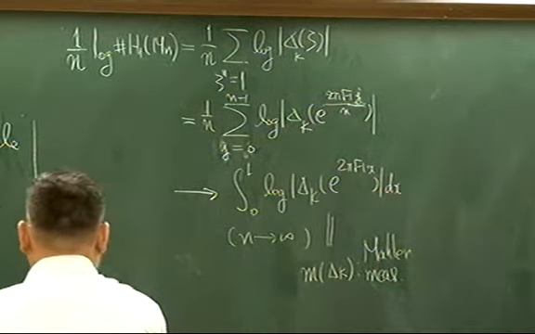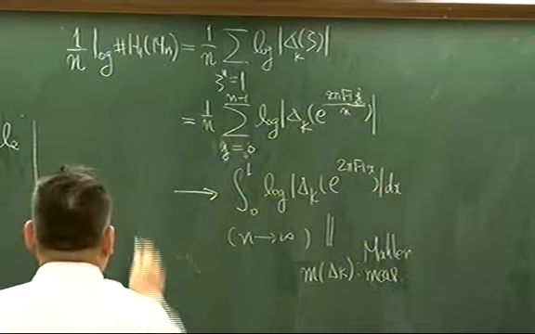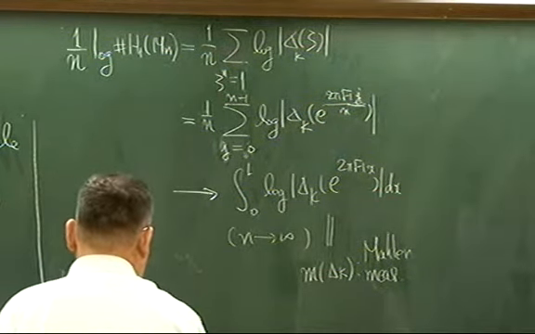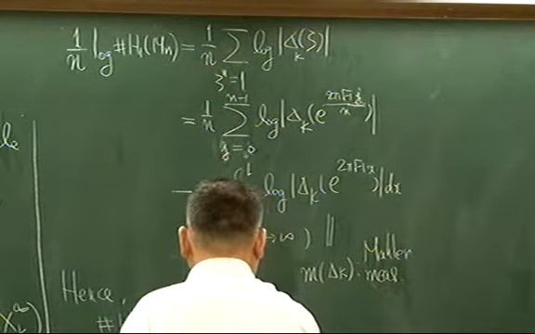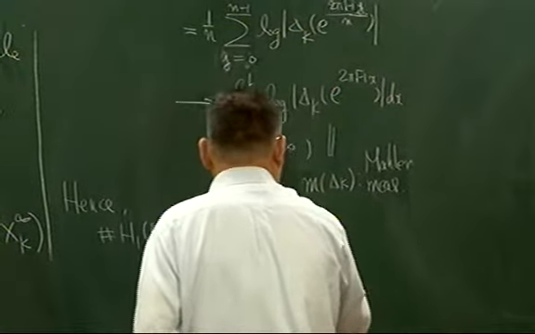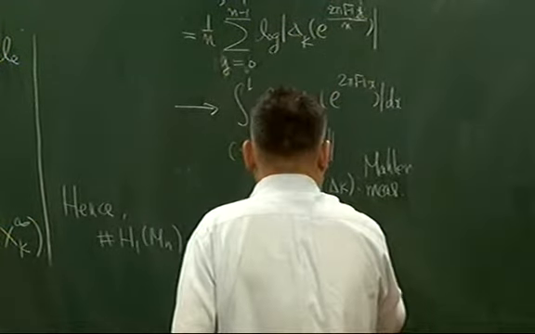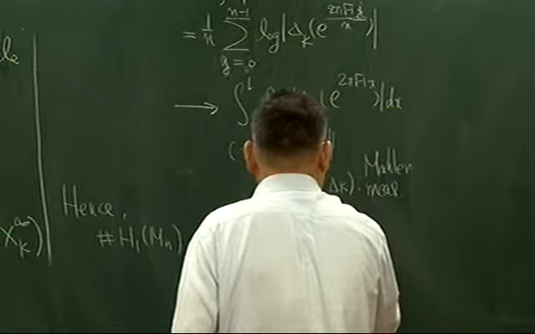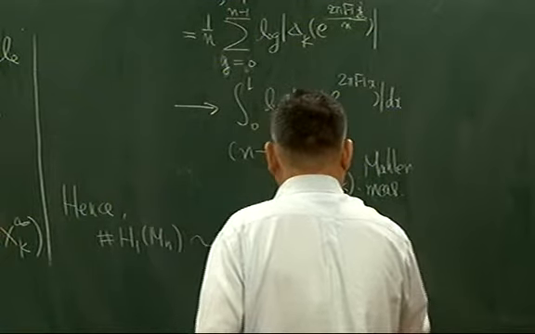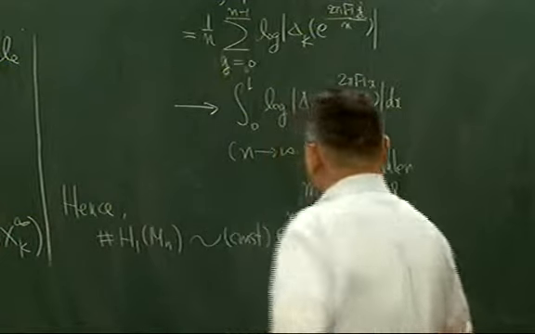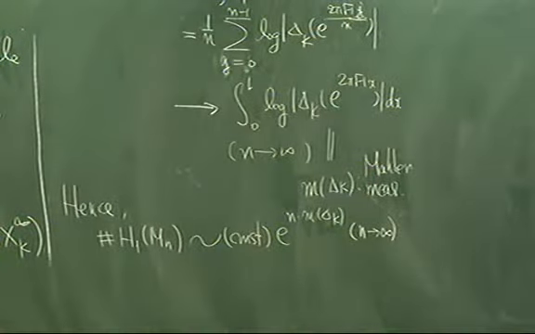Hence we get the asymptotic formula: the order of the homology of the branched cover is some constant times e to the power of n times the Mahler measure of the Alexander polynomial.